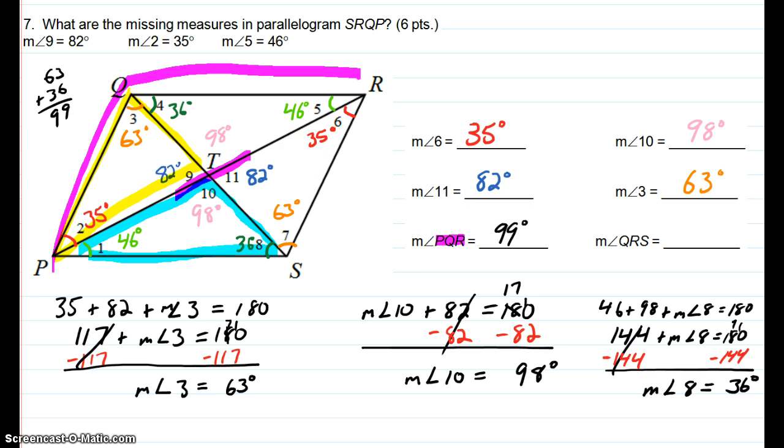And then the last one is going to be QRS. So QRS is going to be these two added up. 46 plus 35 gives us 81, and so that's 81 degrees.